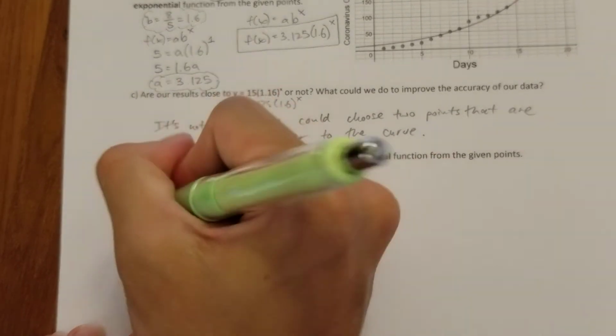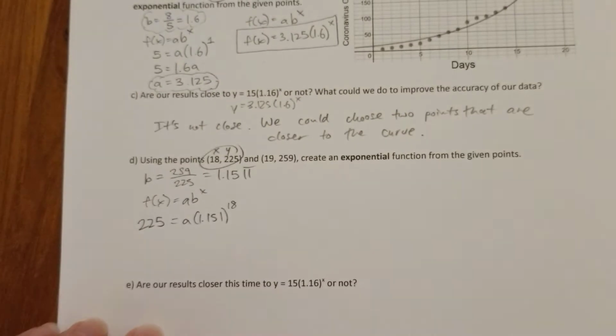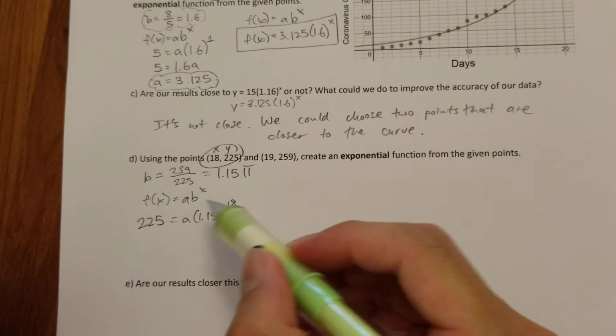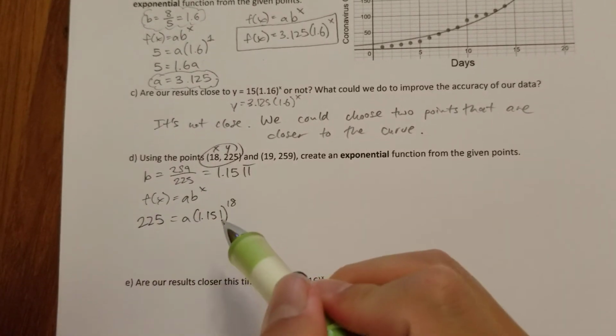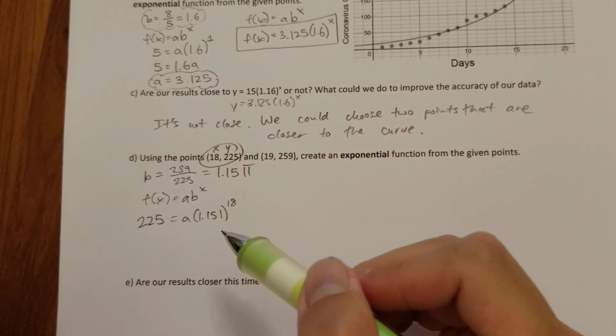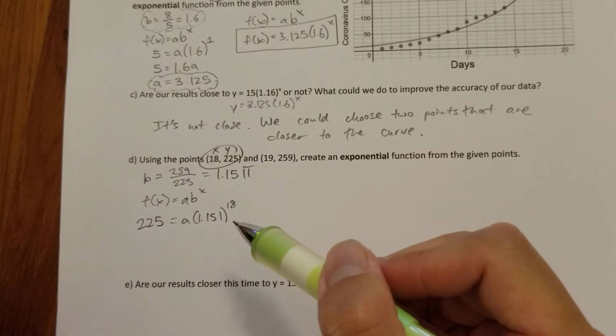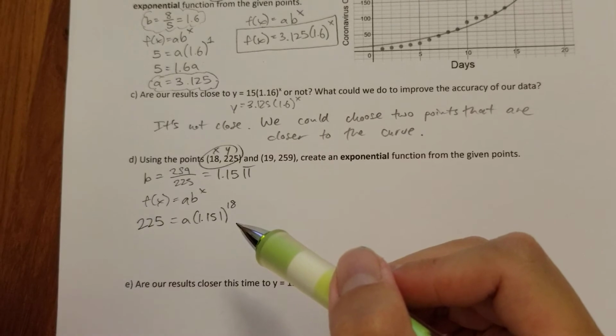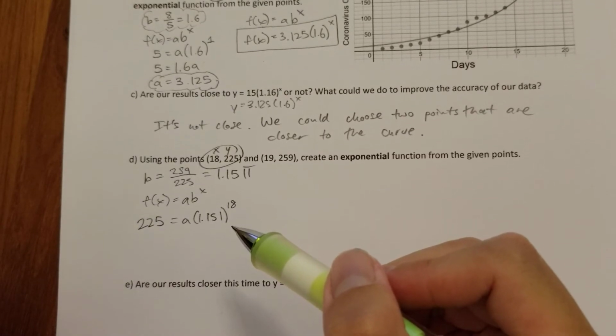Y, our output, is going to be 225. Now, I do understand that some of you do not have calculators in class to be able to do this. One way you could do it is 1.151 times 1.151 times 1.151, and just keep multiplying over and over until you hit 18 times.